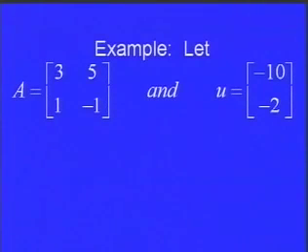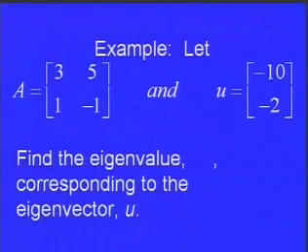All right, for example, here's one of the ones where they give us A, they give us U, and they want us now to find lambda. So A is 3, 5, 1, negative 1, a 2 by 2 matrix, and U is negative 10, negative 2, the vector.